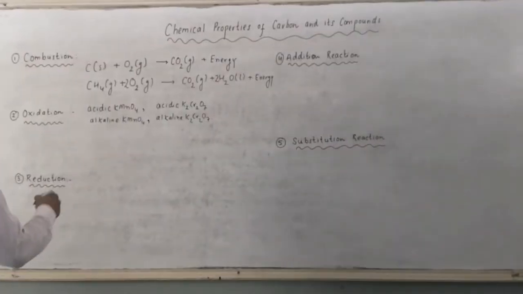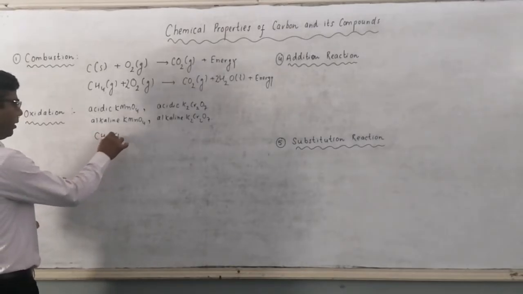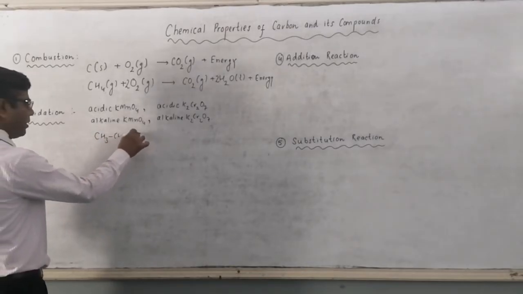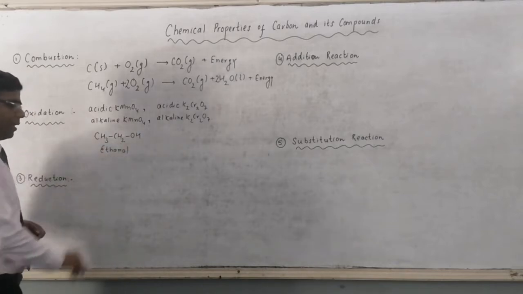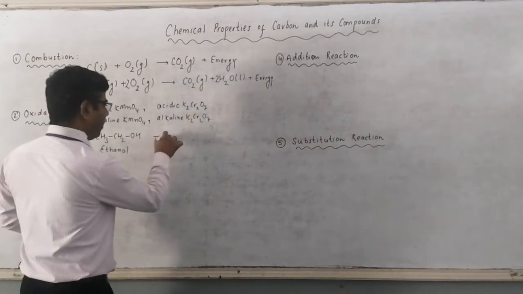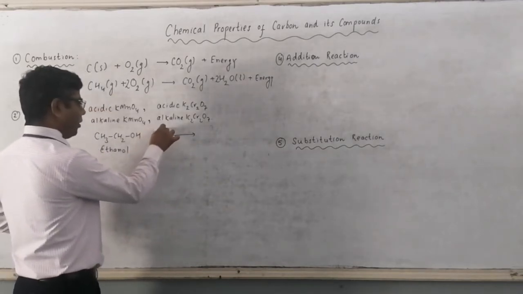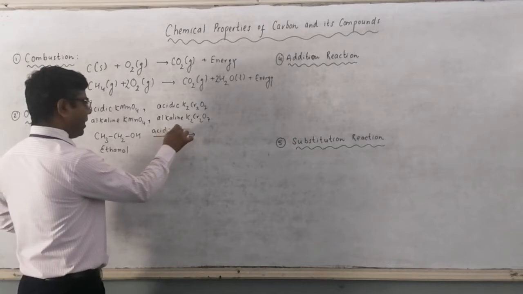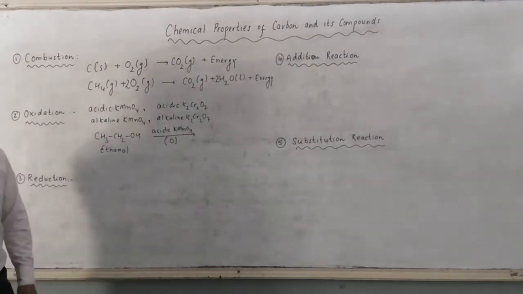Like for example, if I am using ethanol, that is the second member of alcohol series, then in presence of acidic KMnO4, alcohol will undergo oxidation reaction.